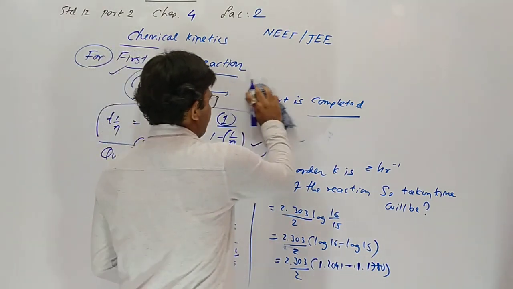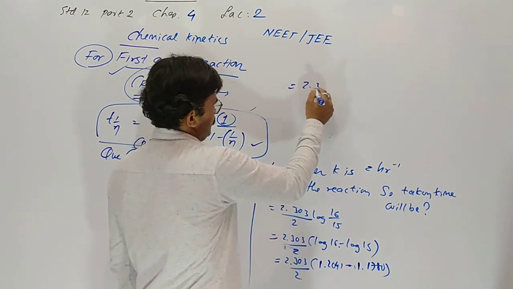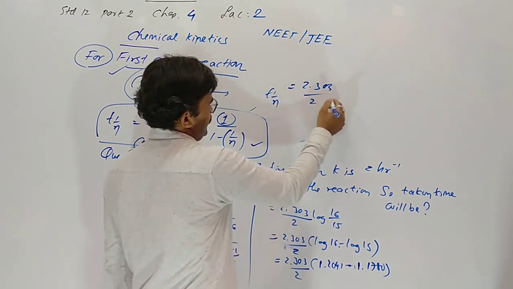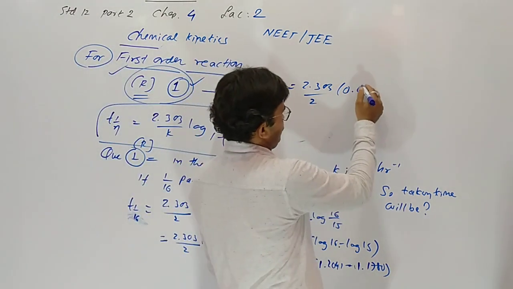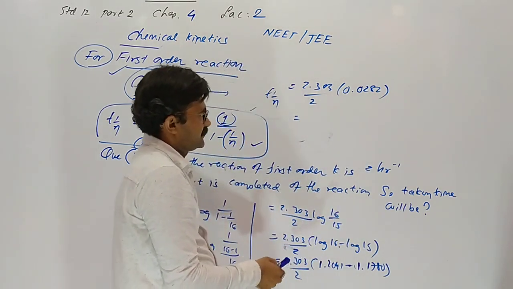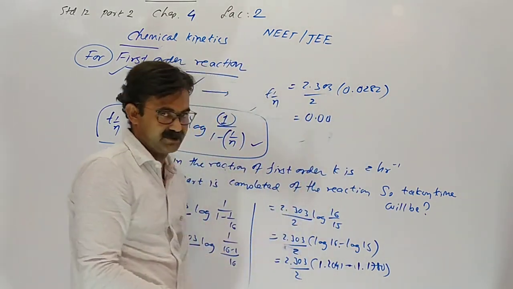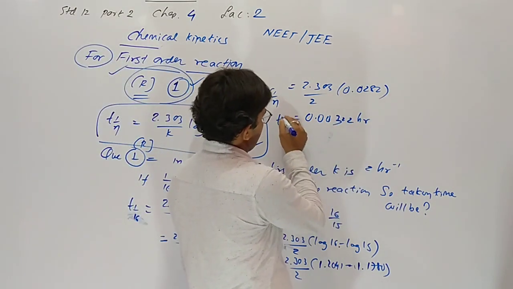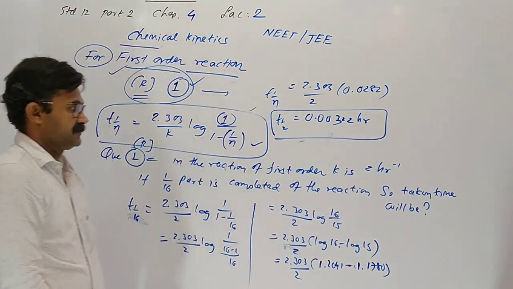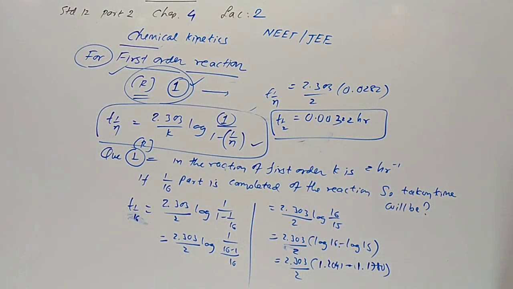When we subtract, the difference is 0.0280, so 2.303 upon 2 into 0.0280, and the last answer is 0.0322 hour. This is our question, and it is complete here.